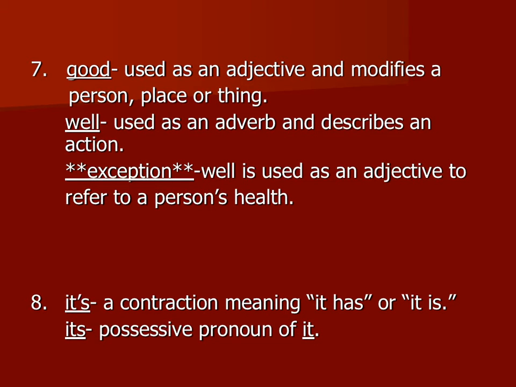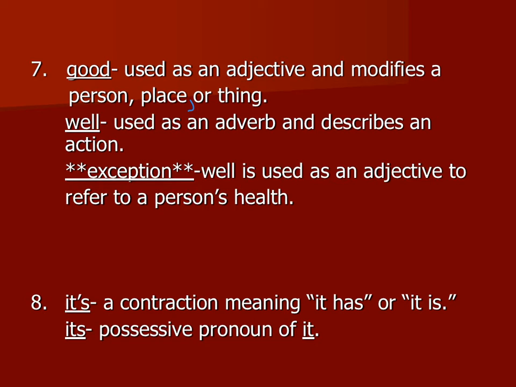All right, then we get to good and well. We remember these from when we did modifiers. Good is our adjective, and it's always going to modify a person, a place, or a thing. Well is an adverb, and it always is used to describe an action. And I left out one particular thing that drives me up a wall. I left out the comma after place. That's my fault. The exception being well is used as an adjective to refer to a person's health.